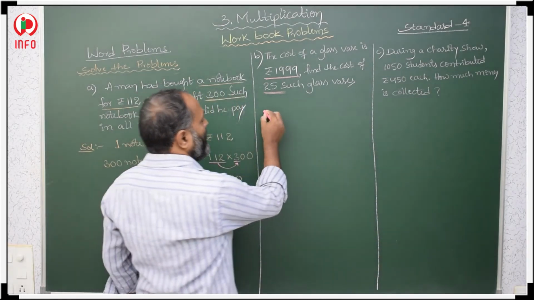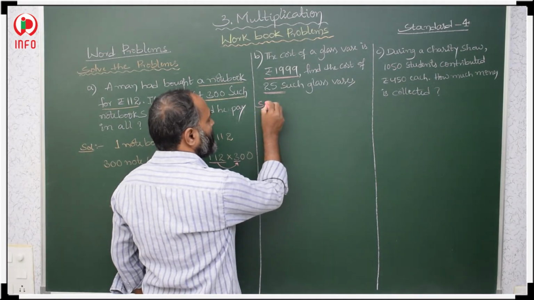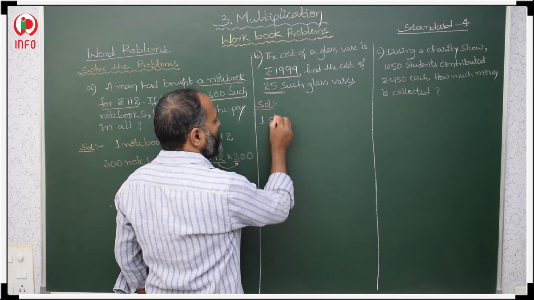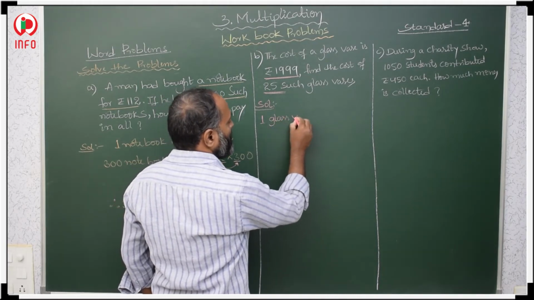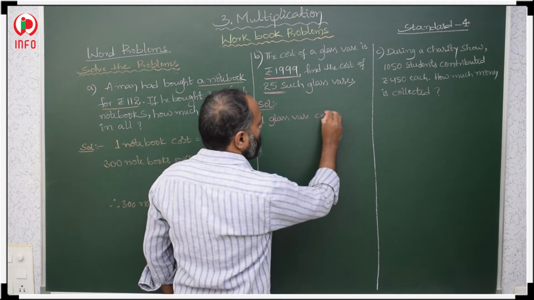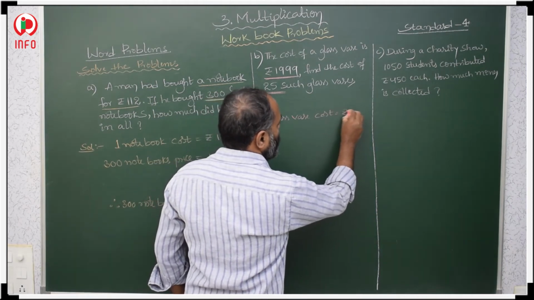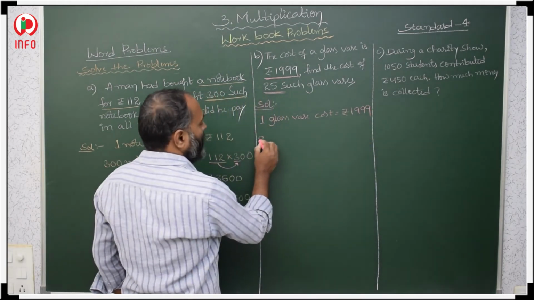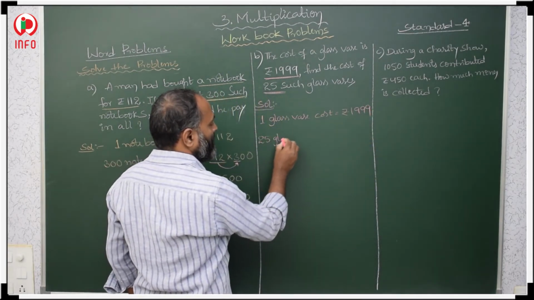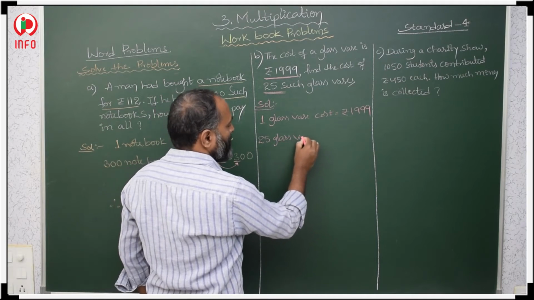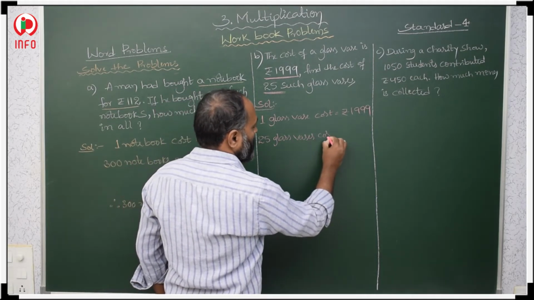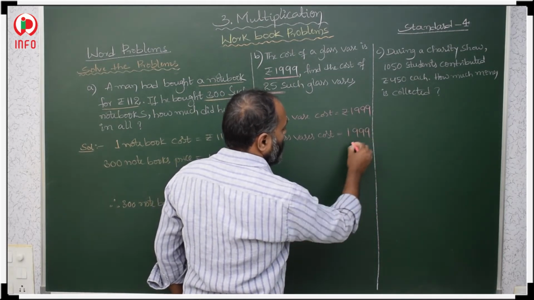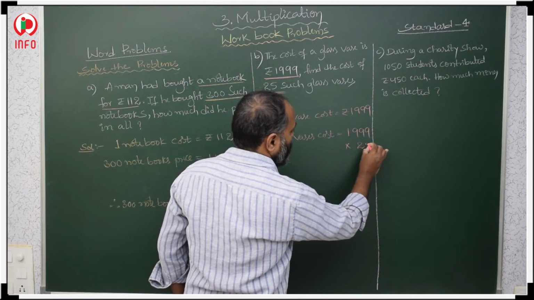So write solution first. 1 glass vase cost is equal to rupees 1,999. 25 glass vases cost is equal to 1,999 multiplied with 25.